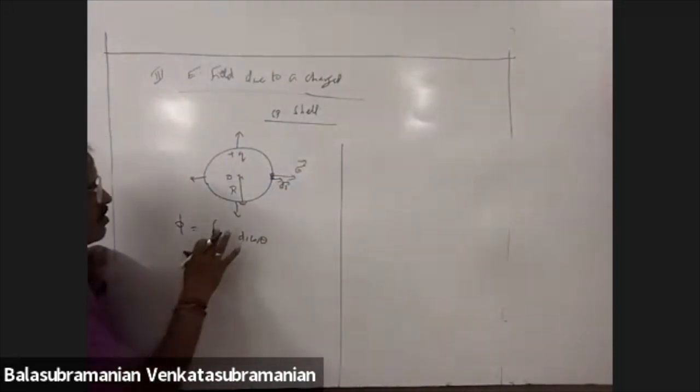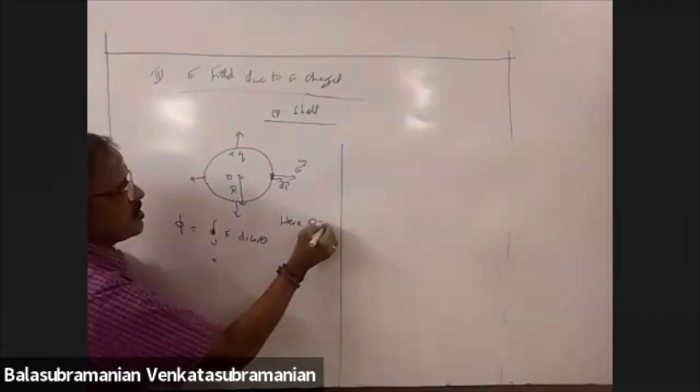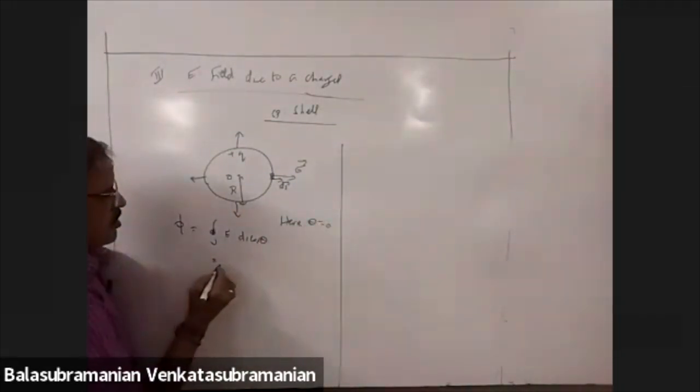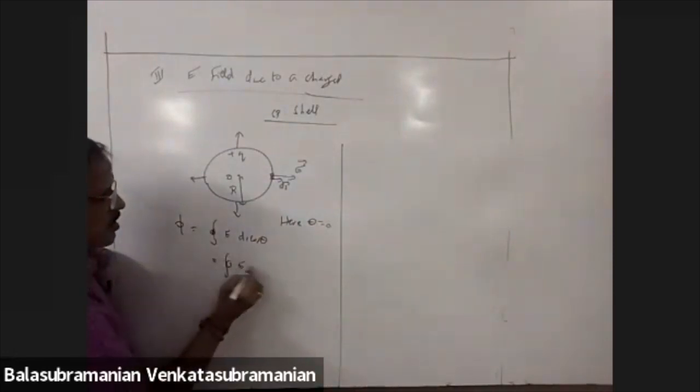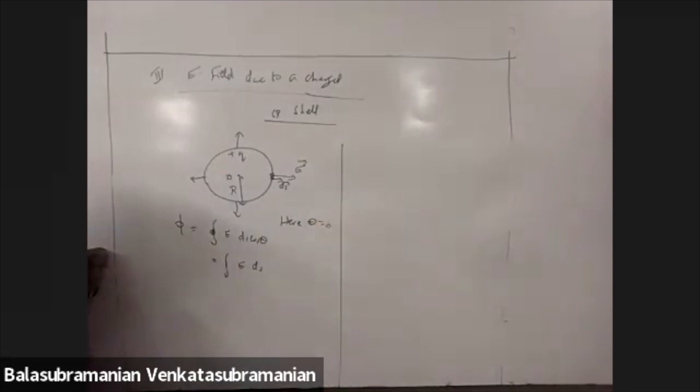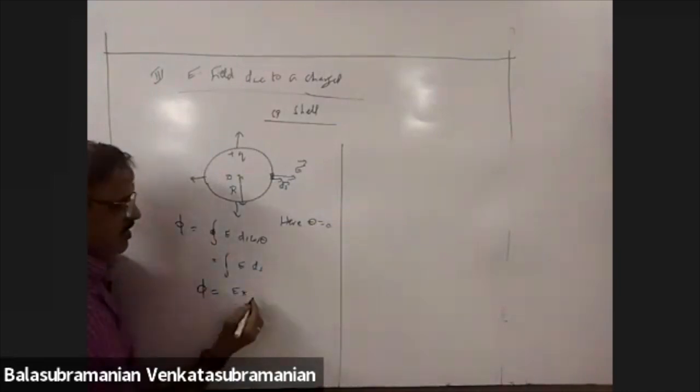Next step. Here theta is equal to 0, so phi is equal to closed integral E dS. So phi is equal to E into integral dS, which is just the surface area of a sphere, 4 pi r square.